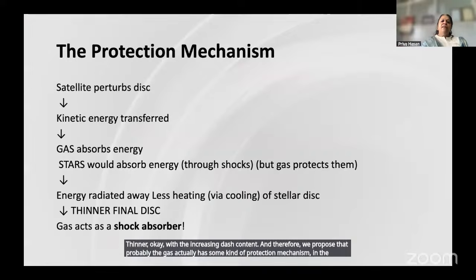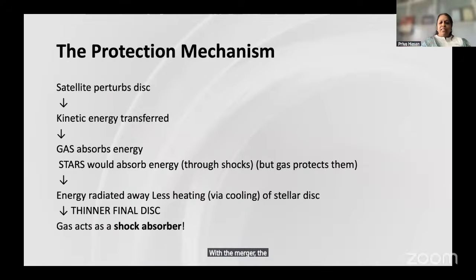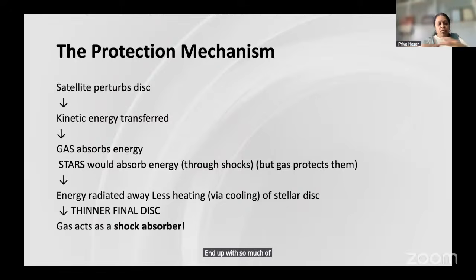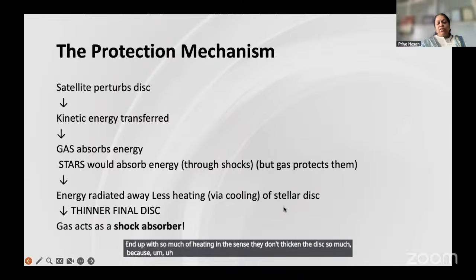When the merger starts, the satellite perturbs the disk and kinetic energy is transformed, but then the gas absorbs the energy, so the stars do not end up with so much heating. They don't thicken the disk so much, because the stars radiate most of the heat and end up lying in the thinner final disk. And therefore, in a way, the gas behaves like some kind of a shock absorber.